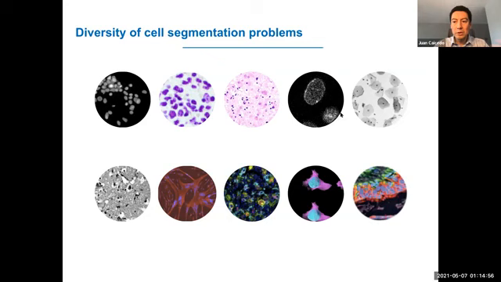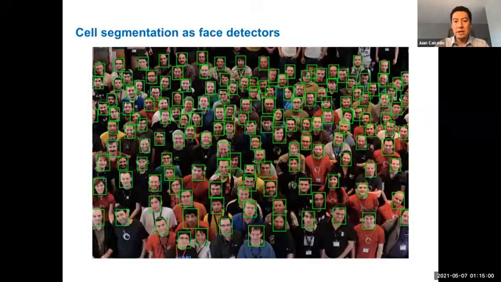So what we started investigating a while ago is what if we make segmentation algorithms for cells that work as well as face detectors? In natural images, we have algorithms that go and look at pictures in social media or even in our own phones, and they automatically detect faces without us having to tweak any parameter or having to do any training of our own, right?